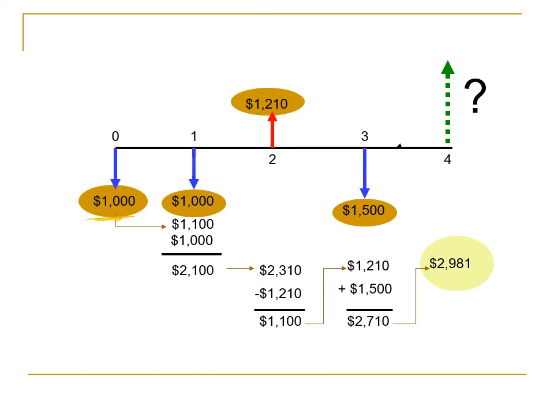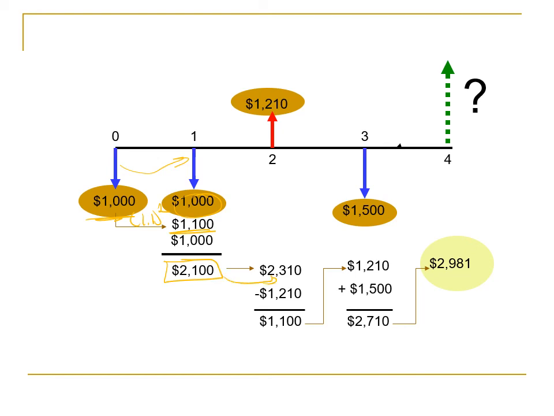Okay, this 1,000, when we move it one period forward, find its future value 1 year after, it will be 1,100. Because we multiply it by 1.1 to the power 1. And then together with this one, we have this amount.